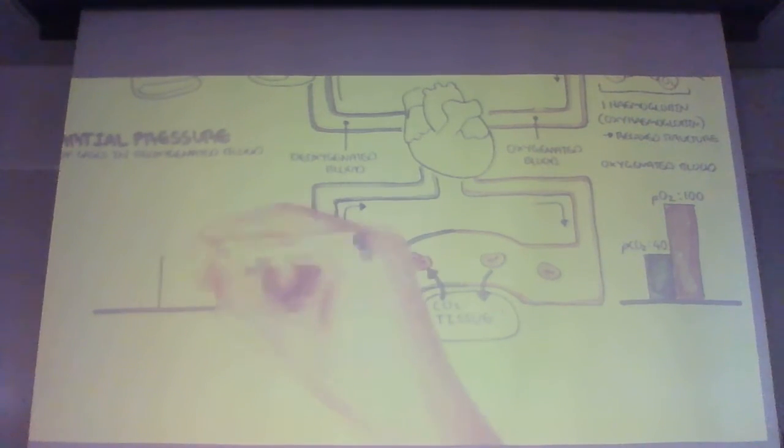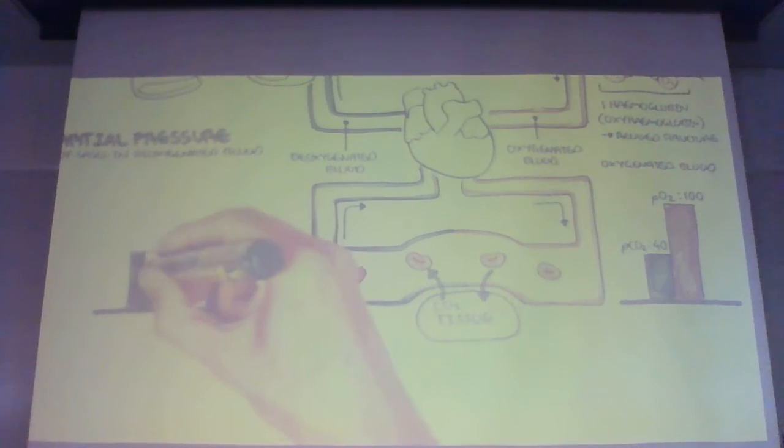When we talk about deoxygenated blood, we're talking about the veins. So oxygen can be up to 40 millimeters of mercury, and carbon dioxide about 45. The changes in partial pressure are important to understand because they help explain the hemoglobin dissociation curve. And we will talk about that now.